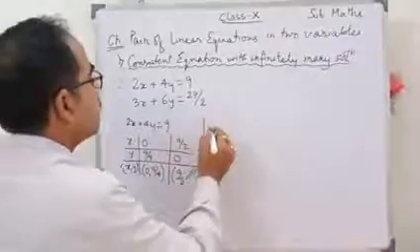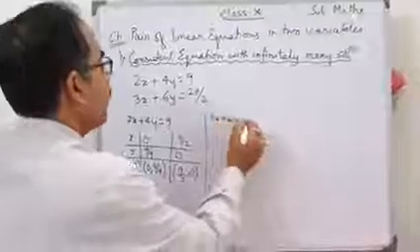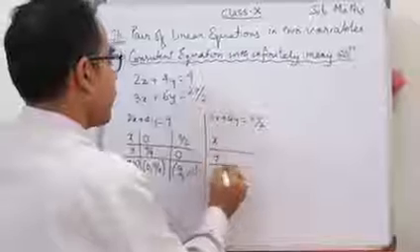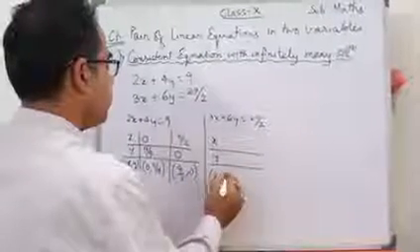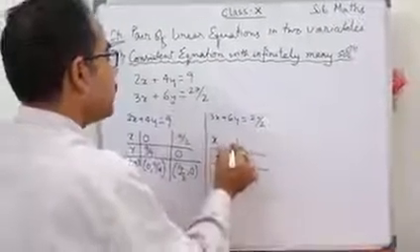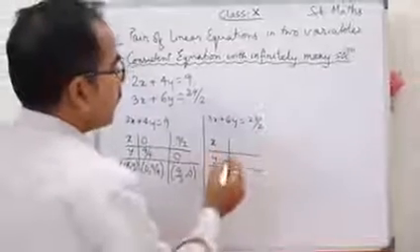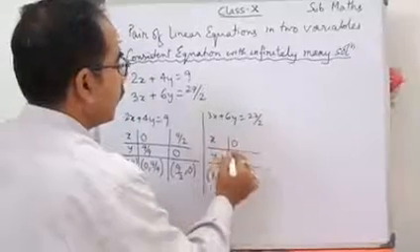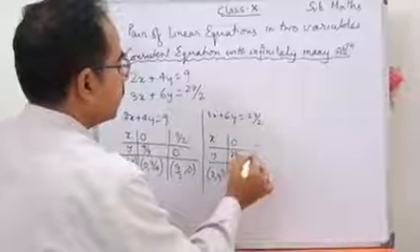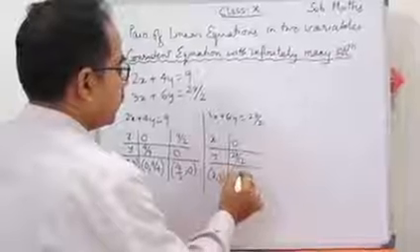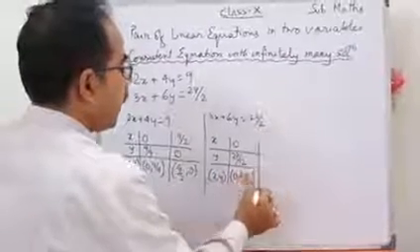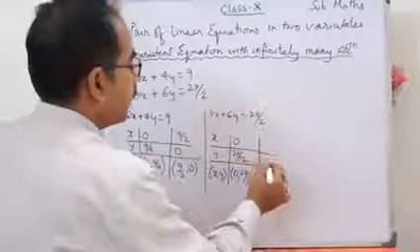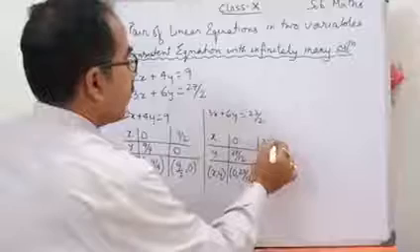Now take the second part, 3x plus 6y equal to 27 by 2. Here also let us take it in such a way. If I take x equal to 0, then y is coming 27 by 12. And if I take y equal to 0, then x is coming 27 by 6.